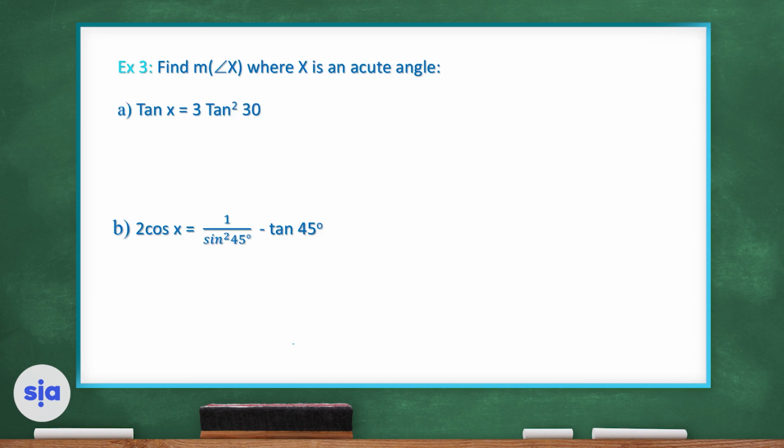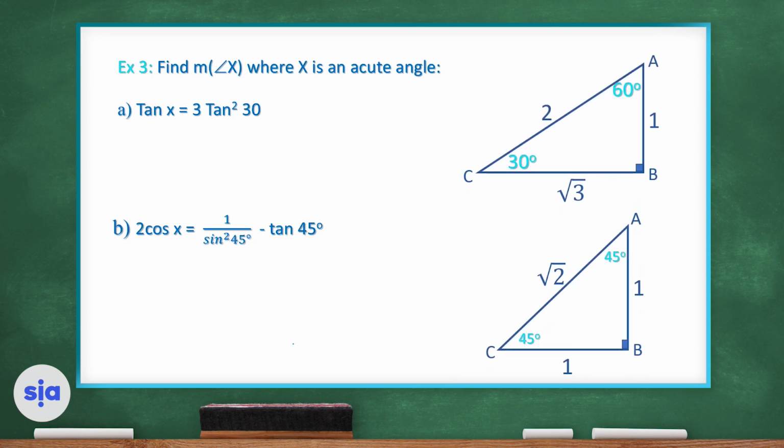Example 3, the question wants you to find the measure of angle x, and it's telling you that x is an acute angle. Tan x equals 3 tan squared 30. You have the special triangles next to you, so you can write tan x equals 3 times 1 over root 3 all squared.